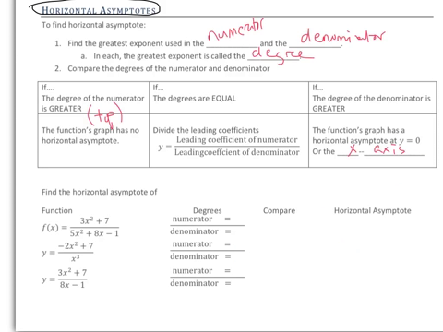Now for the last one, notice my biggest power is on top. So I have the highest degree of 2 on the top, and on the bottom my degree is 1. So since I am top heavy, this right here would have no horizontal asymptote, which means our range, since I don't have any restrictions, would be just all real numbers.